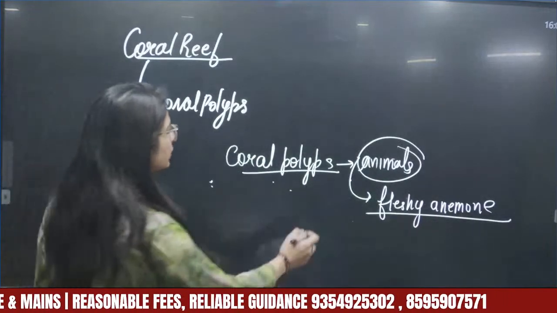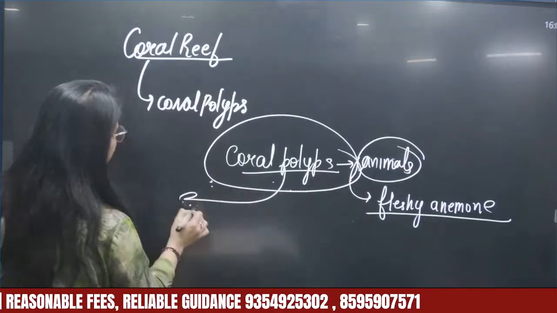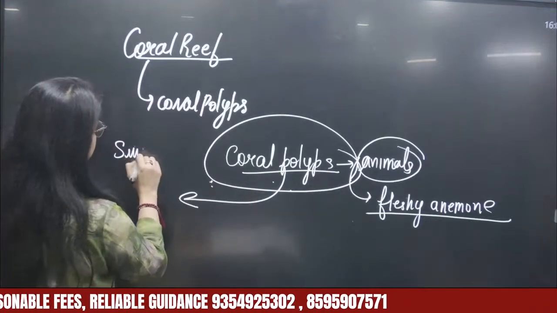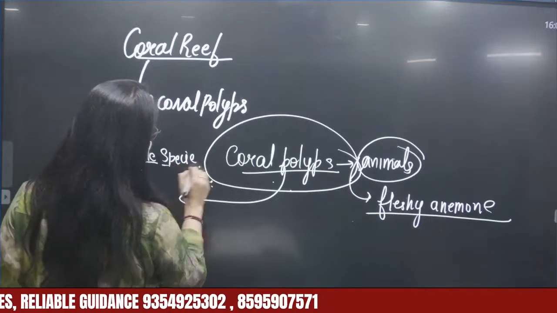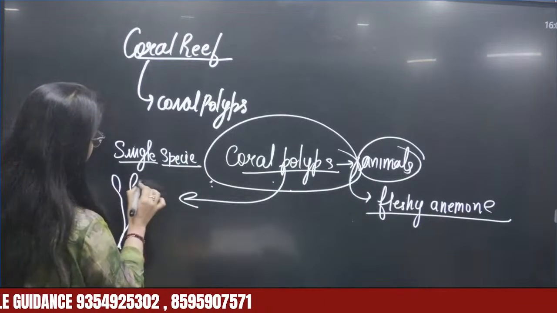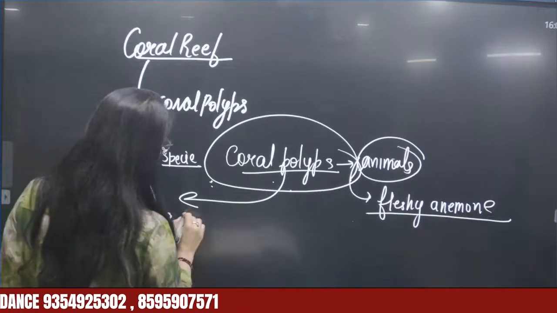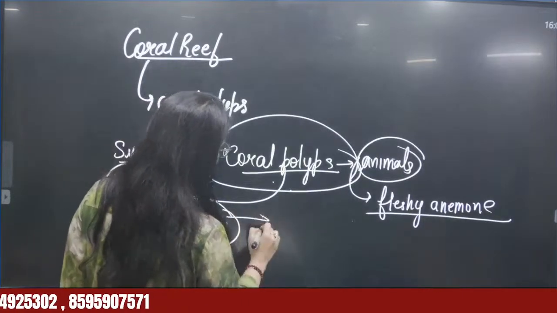Now, these coral polyps. What do you mean by polyp? Polyp is a single species that we are taking now. It looks like a strand, okay, and then they do exist in colonies. Always you will find them in colonies.